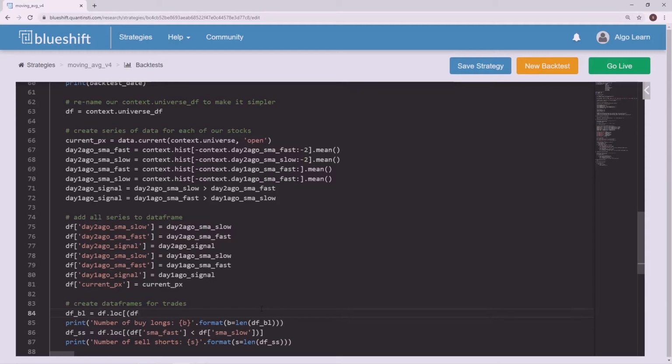Pretty simple, just like we talked about. For the buy, we're going to do a true with our signal. So both signals need to be true. So here we have our day 2 ago signal needs to be true. Okay, and then we're going to close the paren.